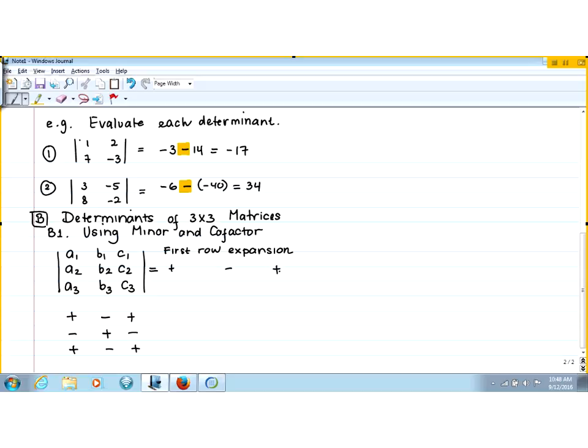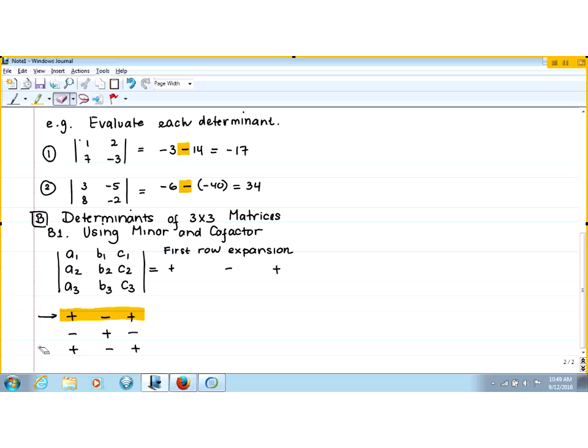So plus, minus, plus. I'm looking at this sign right here. This is the sign for the first row. And later on, you can use any row or any column. It's just that what we're doing now is first row. Can you use second row? Yes, but what we're doing here now is first row.